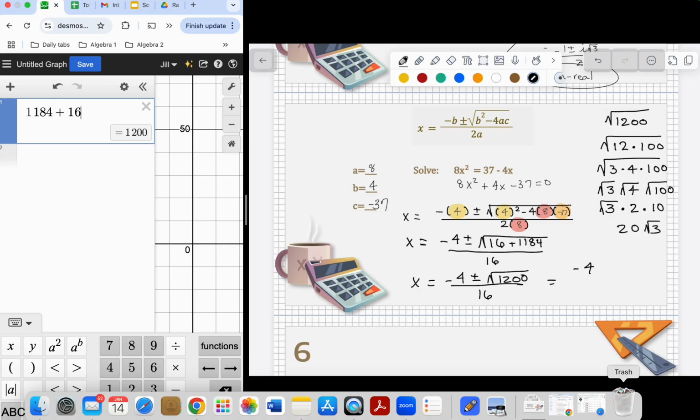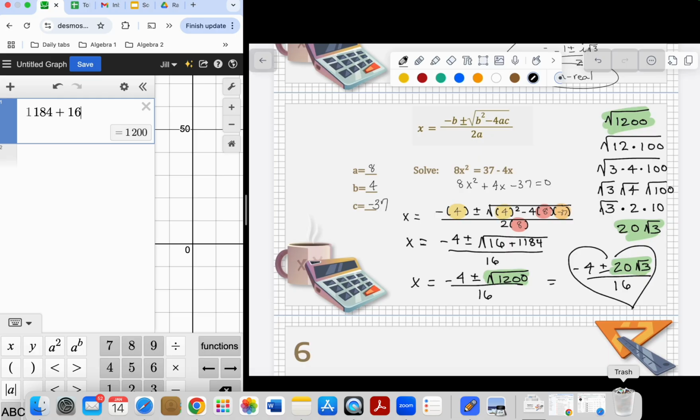So then I replace that square root of 1200 with 20 times the square root of 3 over 16. And then I recognize that all 3 of those terms in that fraction are divisible by 4.